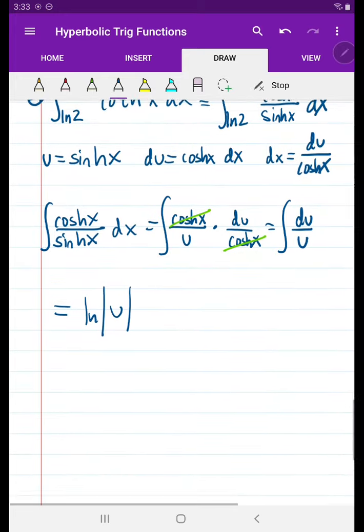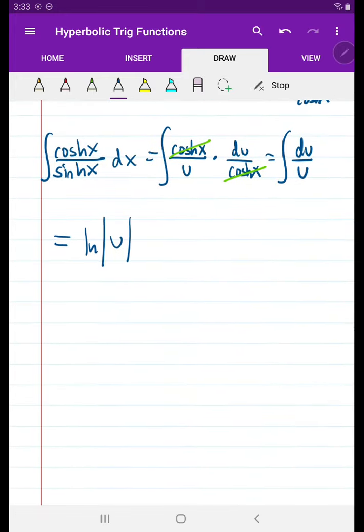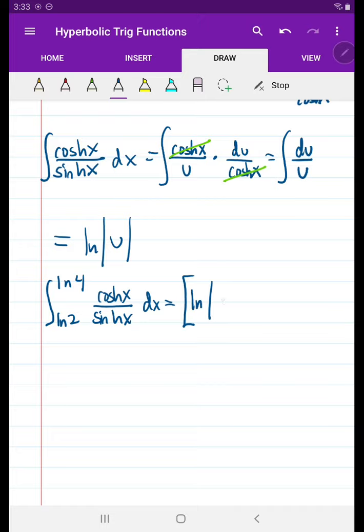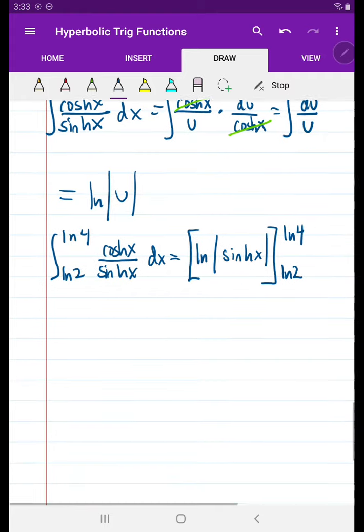So then we can take this a step further, and we can say that the integral from the natural log of 2 to the natural log of 4 of cosh x over sinh x dx is going to be the natural log of the absolute value of sinh x evaluated from the natural log of 2 to the natural log of 4.